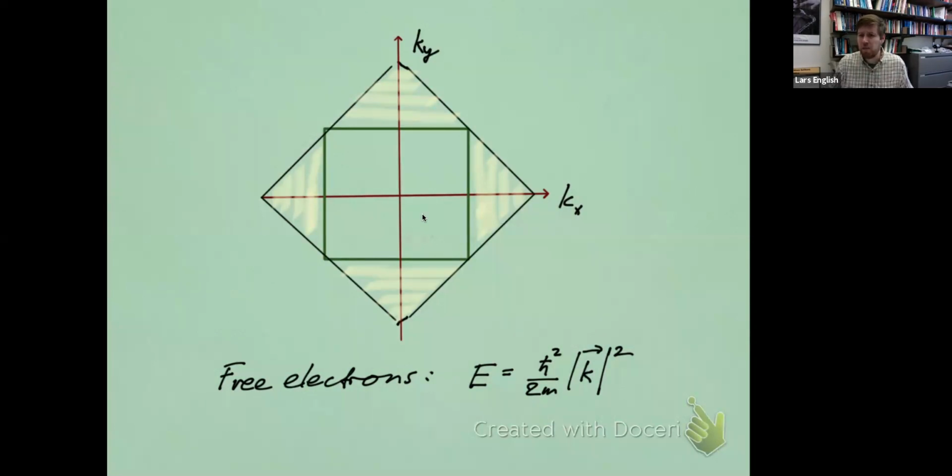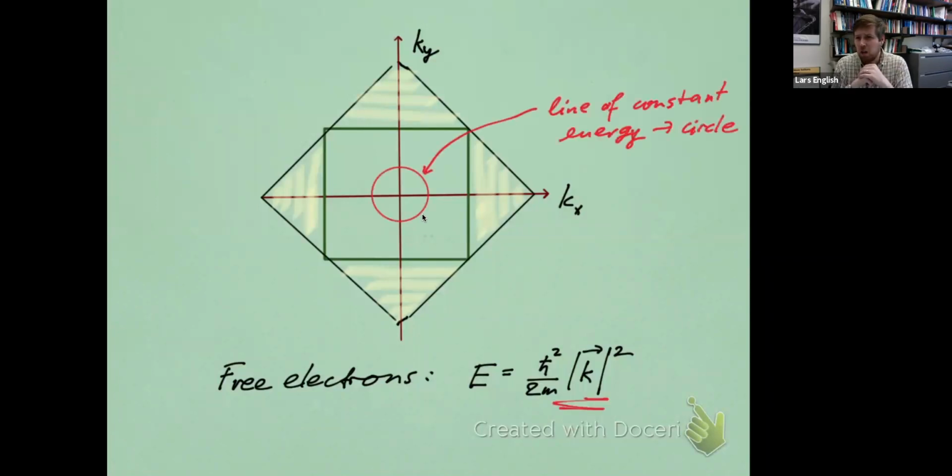So I can say that, for instance, if I draw a circle centered around the origin in reciprocal space, that circle then represents all the points in reciprocal space that have the same energy.